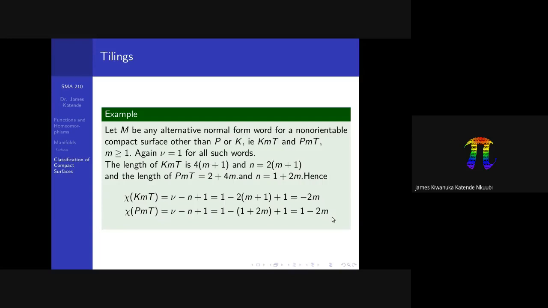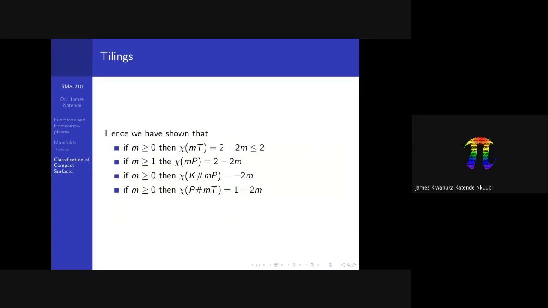So with the results that we have now, we can make some statements. The first one is that the Euler characteristic of M copies of a torus, the largest value it can have is 2. Then it keeps going, becoming less and less as M becomes larger. For instance, if M is 2, we'll have negative 2.